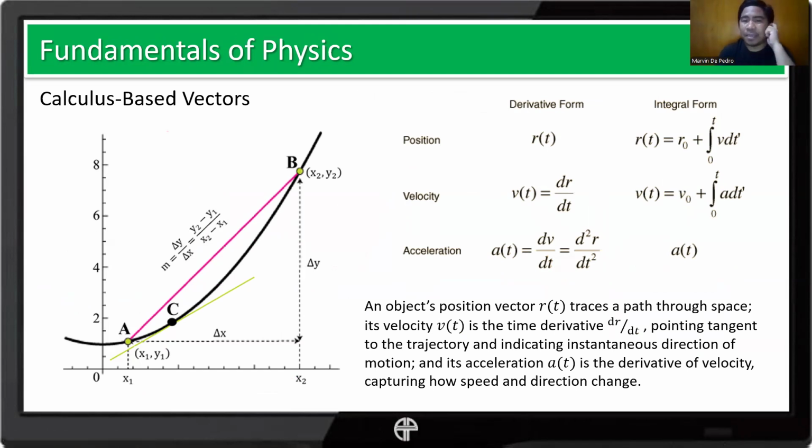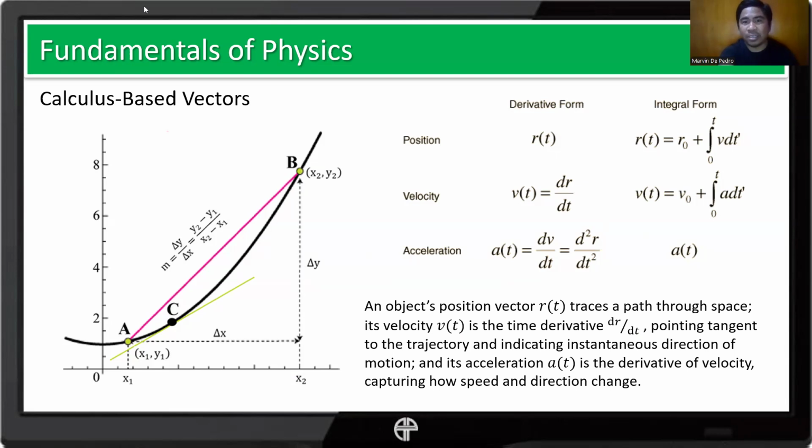As stated here, an object's position vector r of t traces a path through space, and its velocity v of t is the time derivative of the position.